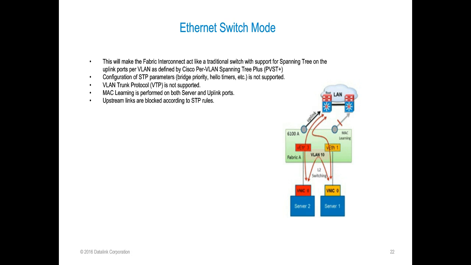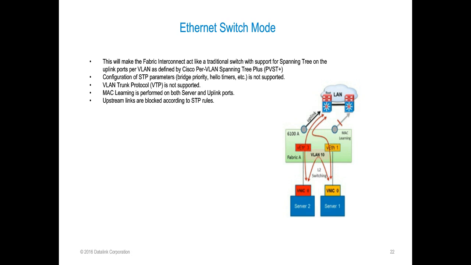So moving on to switch mode, this is a little bit different. This will make the Fabric Interconnect act like a traditional switch with support for spanning tree on the uplink ports per VLAN, as defined by the Cisco Per VLAN Spanning Tree Plus protocol. Configuration of spanning tree parameters, the bridge priority, hello timers, etc. is not supported. The VLAN Trunking Protocol is also not supported, so you will not be able to use VTP in this situation.